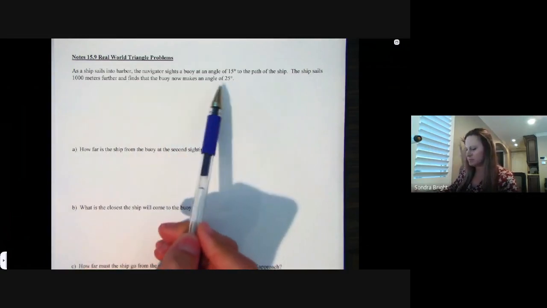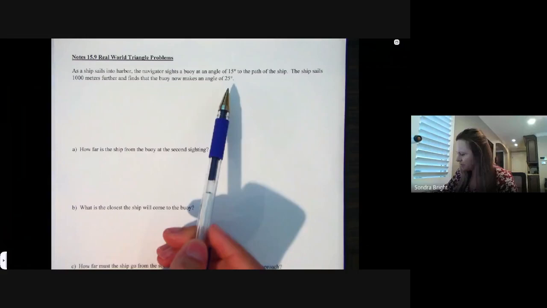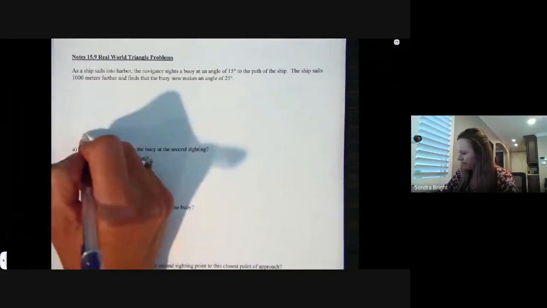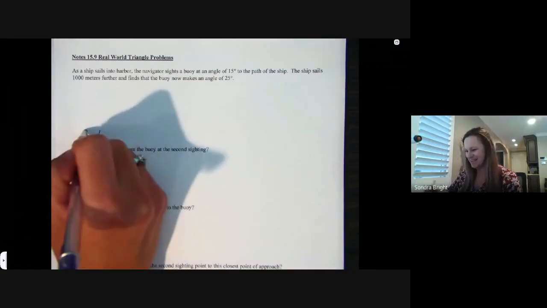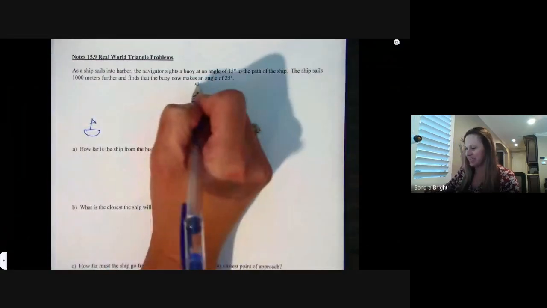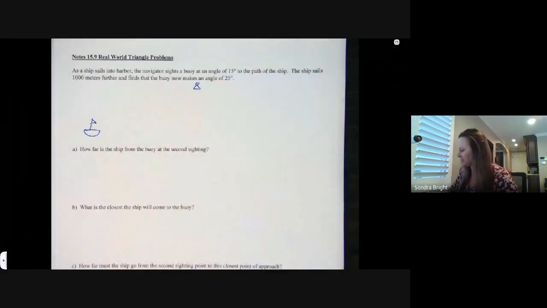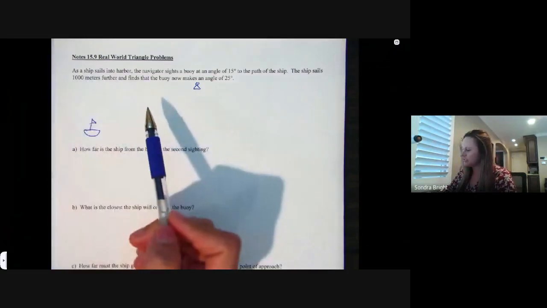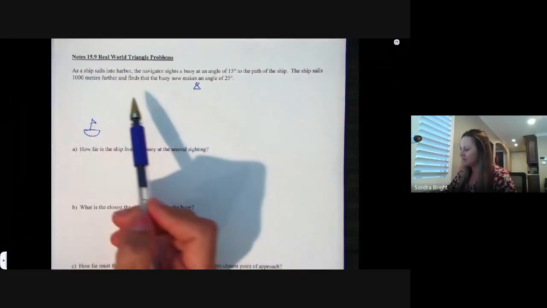So let's draw this picture. Let's say here's the ship, because I'm a master drawer. And let's say here's the buoy. All right, so it's sailing into the harbor, and at first it sights the buoy at an angle of 15 degrees to the path of the ship.